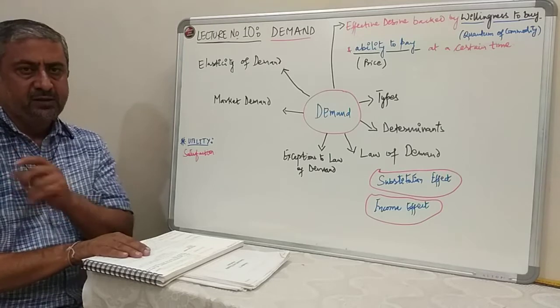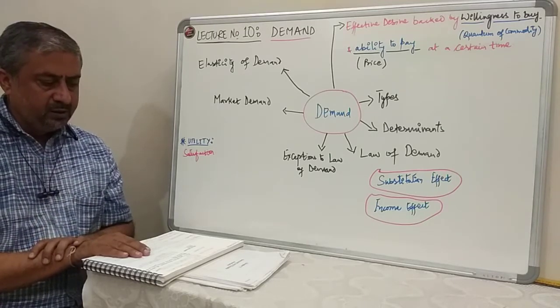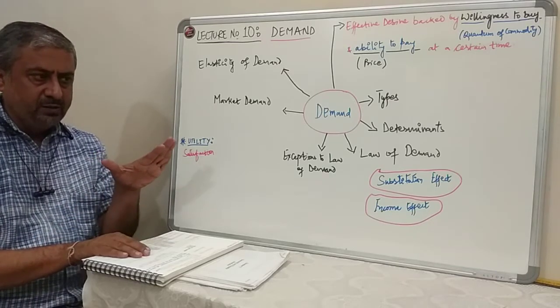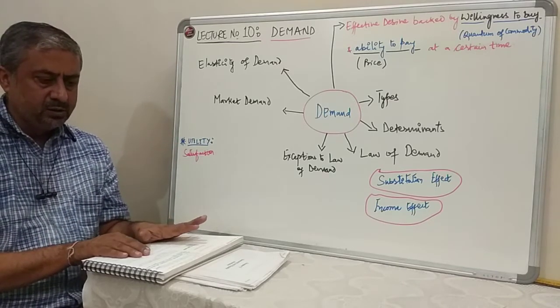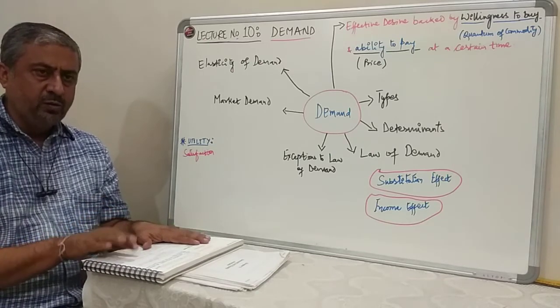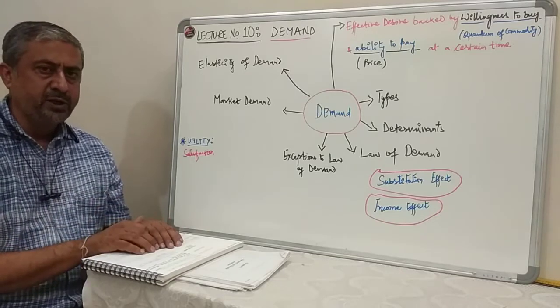Right? Very tricky thing to understand. Means if the price of a commodity falls, its substitutes become more expensive, assuming that the prices have not changed. In fact, they don't change.